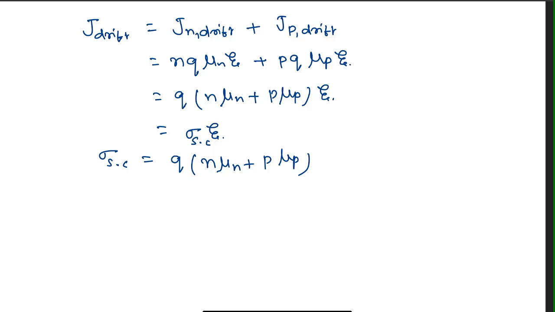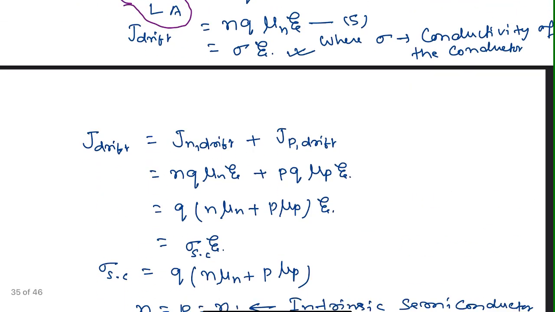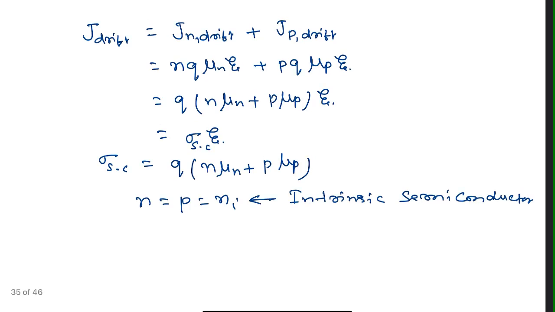As we know, the condition for an intrinsic semiconductor is that the concentration of electrons is equal to the concentration of holes, which can be equated to another variable, Ni. So we can substitute this in this equation, which we can call equation number 6.